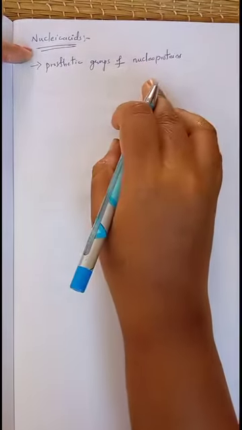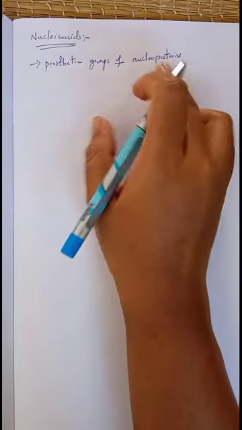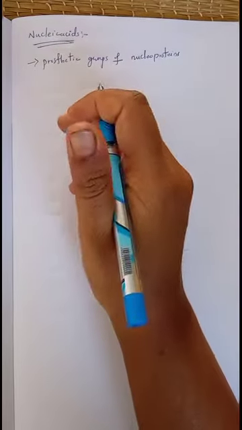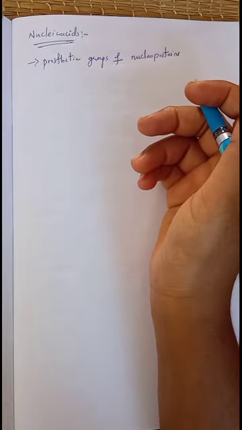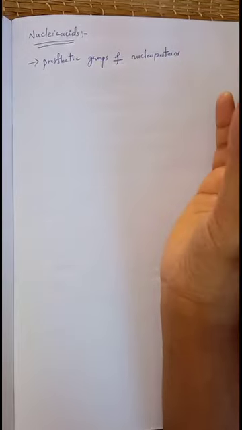Nucleoproteins are a type of protein whose prosthetic groups are called nucleic acids. These are biopolymers made up of nucleotide units. When n number of nucleotides are combined together, they are called polynucleotides.